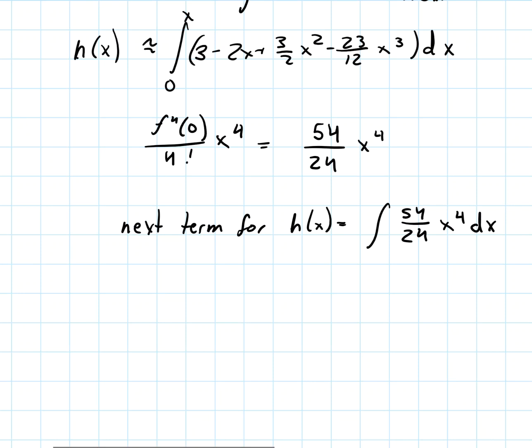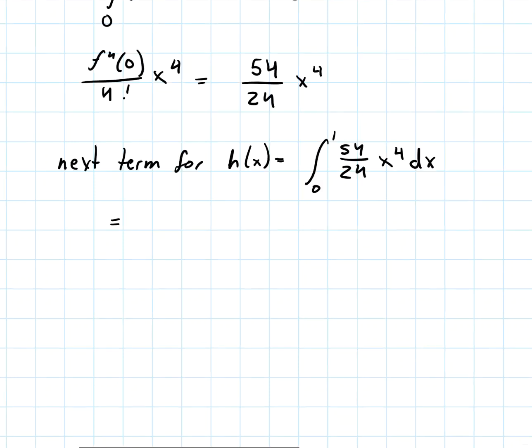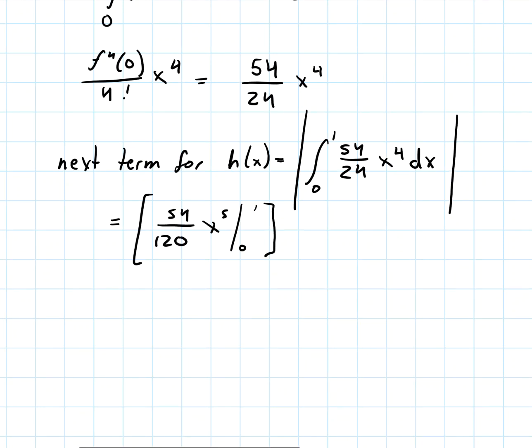And now if we're going to try and find the error, that's going to be that integral evaluated from 0 to 1. And now since we're using that integral to find the error, we can also take the magnitude of that integral. So calculating out the antiderivative, we find this integral is equal to 54 over 120 times x to the fifth, evaluated from 0 to 1, which when we plug in those numbers is just equal to 0.45.